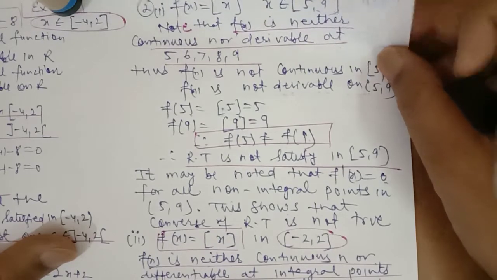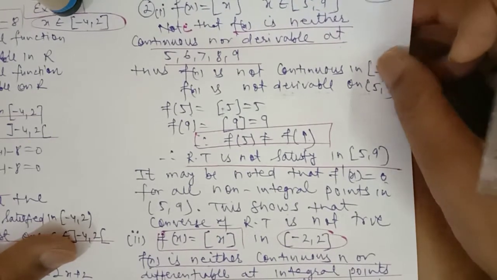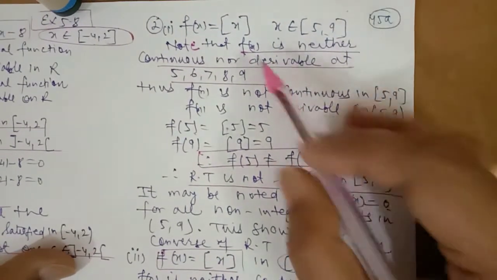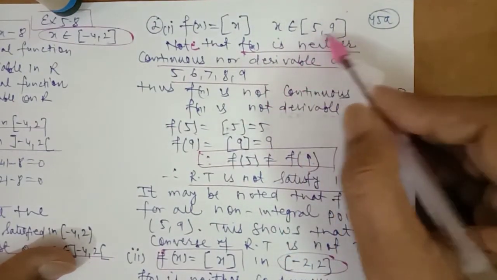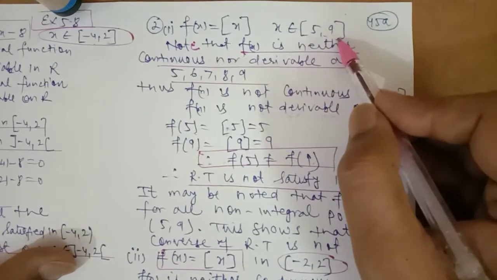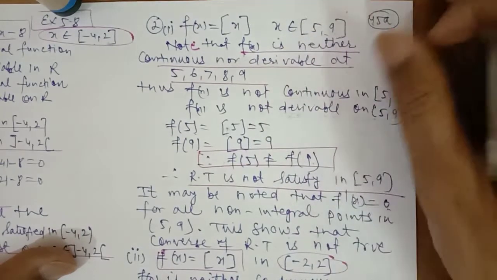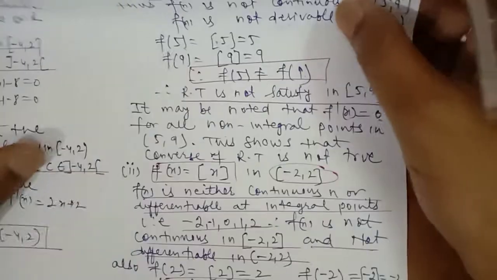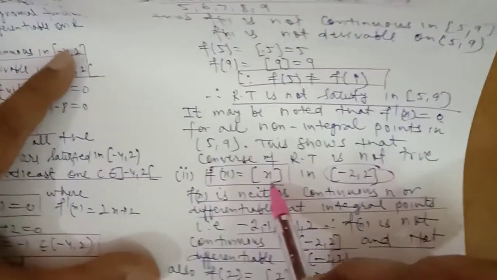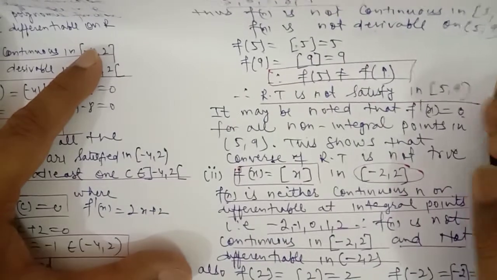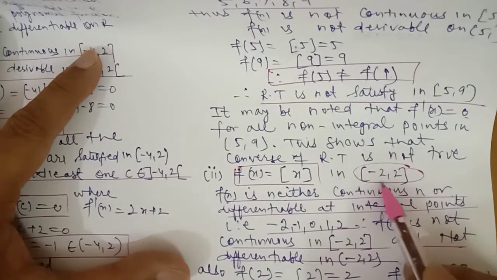So we can say that Rolle's theorem is not satisfied in this closed interval, because the greatest integer function is not differentiable or continuous at the integral values in the given interval. Similarly for the second part of this question, again the greatest integer function is given, and the interval is -2 to 2.